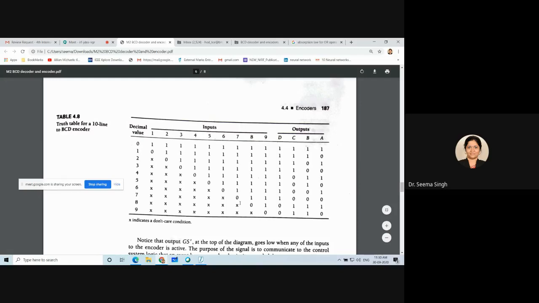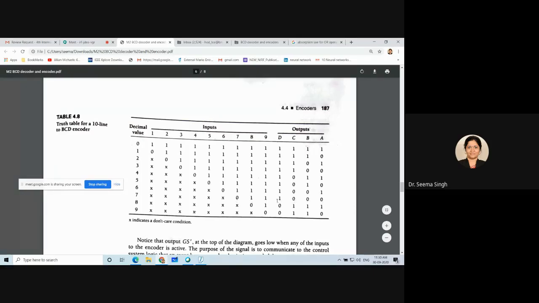To understand what priority to MSB means, if for example 7 is a 0 here and 5 is also a 0 here, will it take it as a 5 input or a 7 input? As the truth table shows in the third last row, if 5 as well as 7 is 0 and 0, it will give priority to 7, and at the output it will show 7 only.